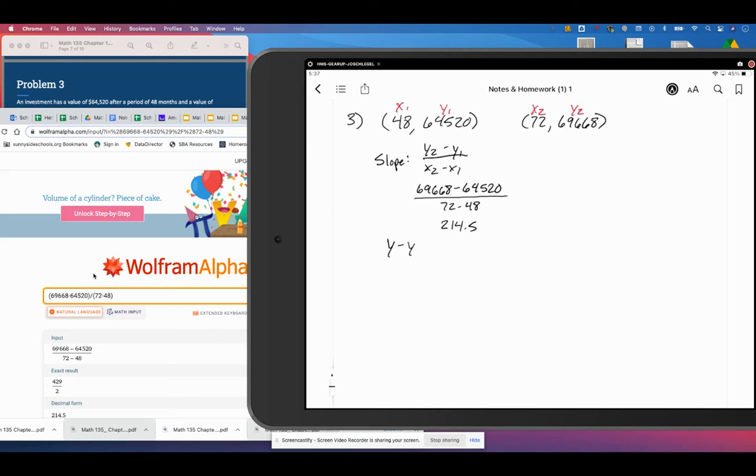We've got y minus y1 is equal to m times x minus x1. Y minus our y1 value, 64,520, is equal to our slope of 214.5 times x minus x1, which is 48. We'll give that to Wolfram, get the alternative form that we prefer.